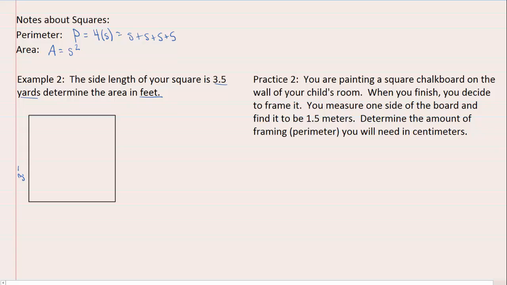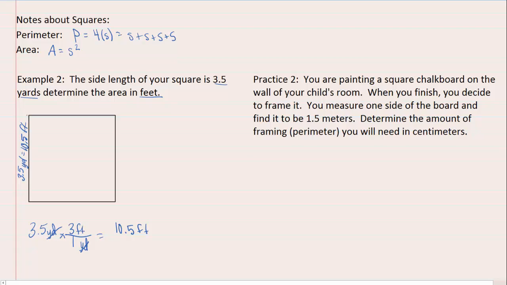If I have 3.5 yards, I can write down 3.5 yards, and I know that for every 1 yard, there are 3 feet. This means I should be multiplying 3.5 times 3 and getting 10.5 feet for the length of a side.